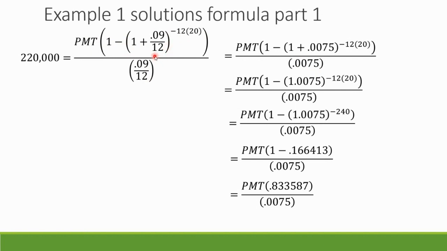So we have 1 plus 0.0075, and you combine it to get this. Then we have to raise that to the exponent negative 12 times 20, which is negative 240. If you raise 1.0075 to the negative 240 in your calculator, you end up getting this.